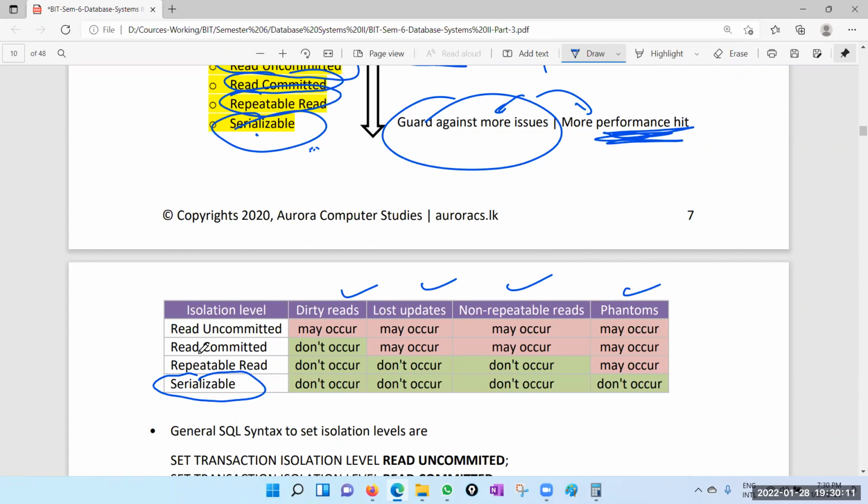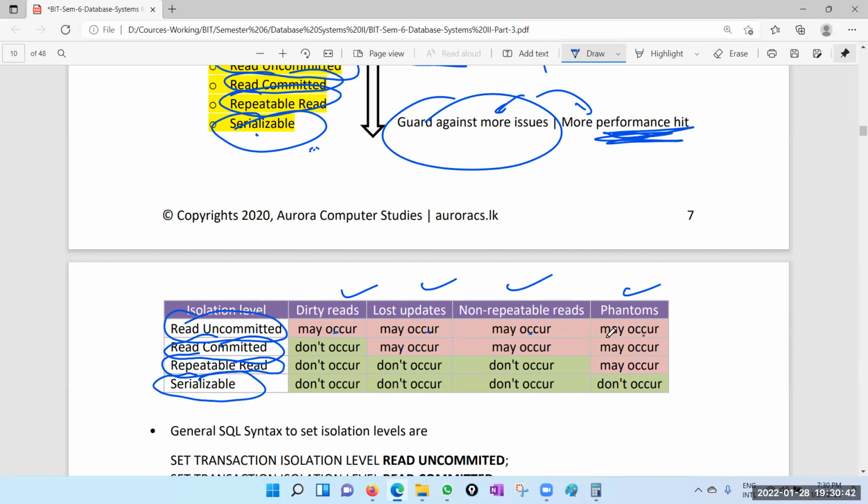If you go to the repeatable read level, then phantom may occur, but the other 3 are guarded against. If you go for read committed isolation level, dirty read will not happen, but the other 3 can happen. That is lost update, non-repeatable read, and phantom can happen. If it is read uncommitted, all 4 issues may happen. So that is the weakest level.